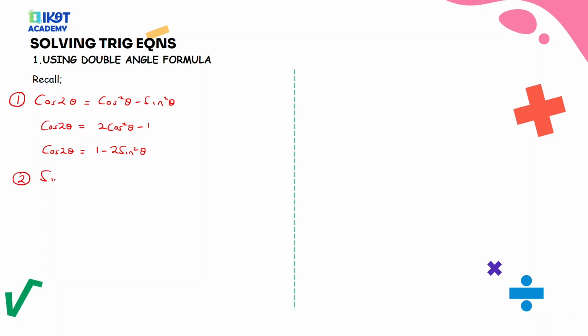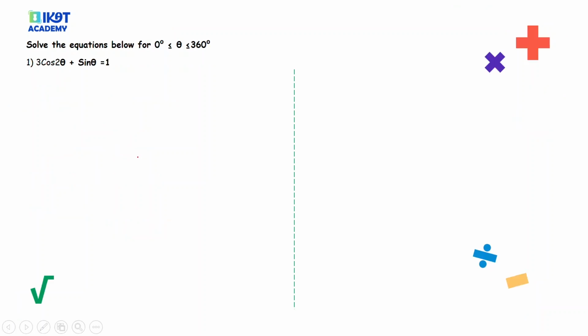Then sine 2 theta was equal to 2 sine theta cos theta. Then we had tan 2 theta was 2 tan theta over 1 minus tan squared theta. So we had this. Now let's look at examples.